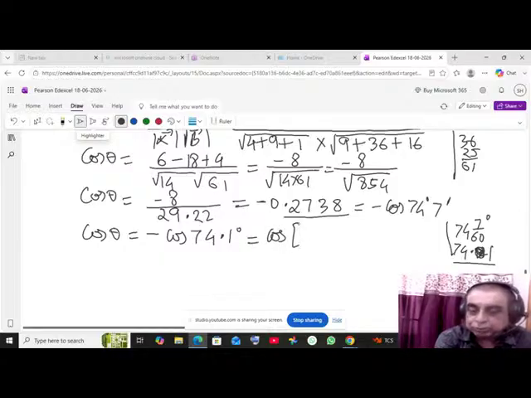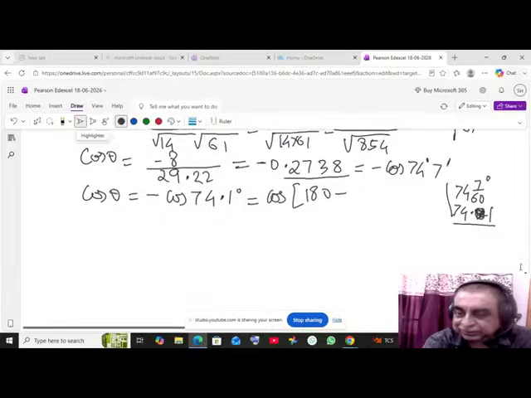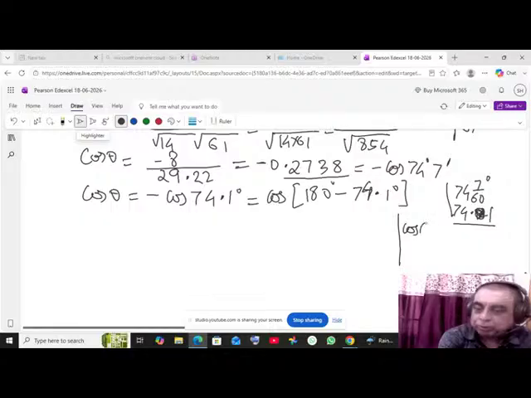Now we know this formula: cos of 180 minus theta.